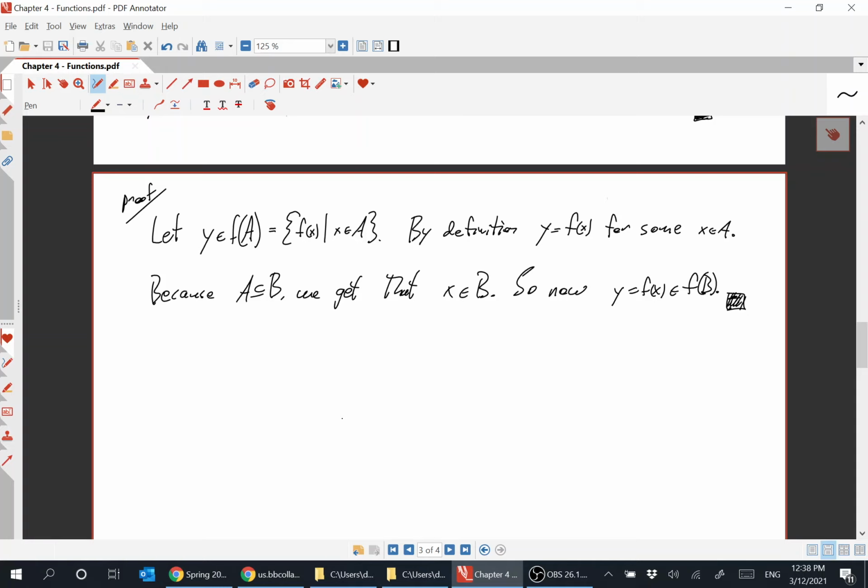All right. How about this? Consider a function f from the domain to the range, and A and B subsets of the domain.